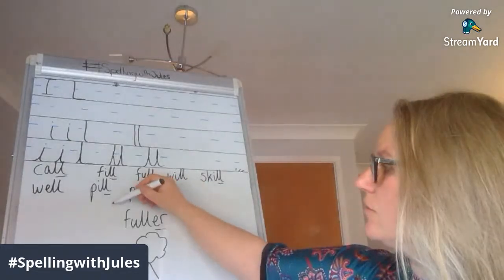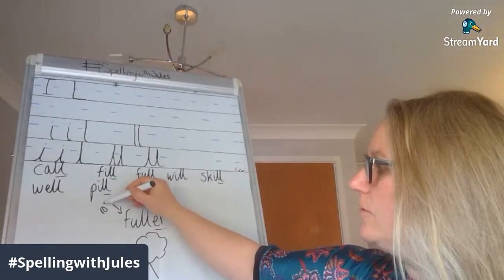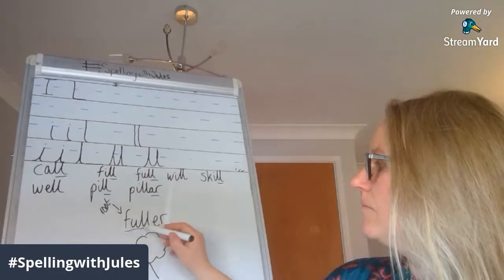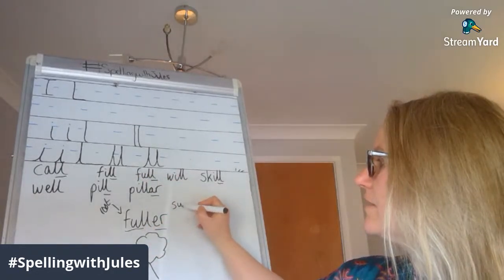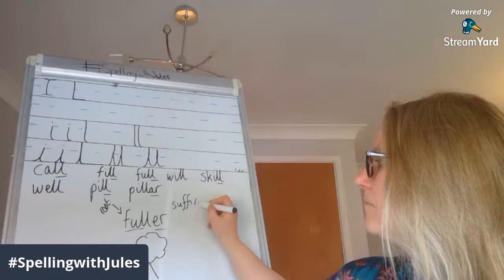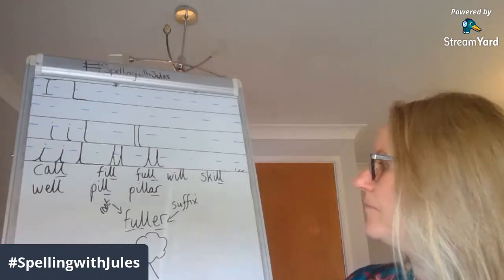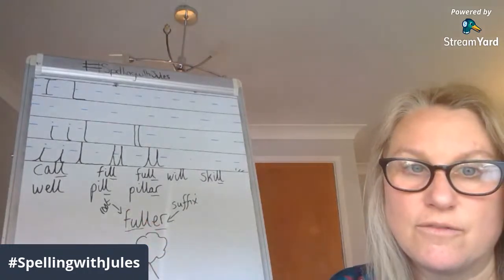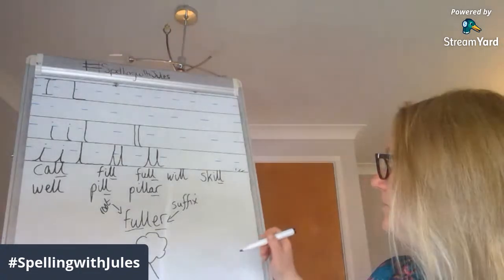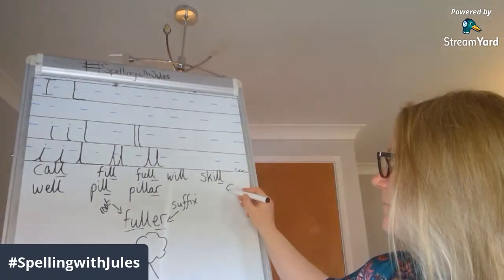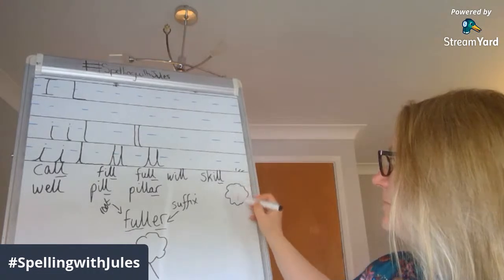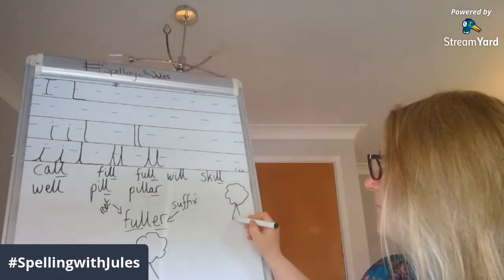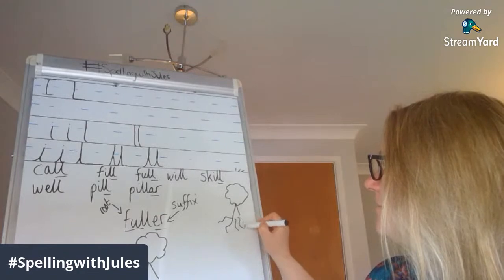Okay, and that's called the root word, full, and that's called the suffix here. Okay, so we've got root from the tree and suffix. Okay, and I've realised you can't see my roots. There's my roots down here.